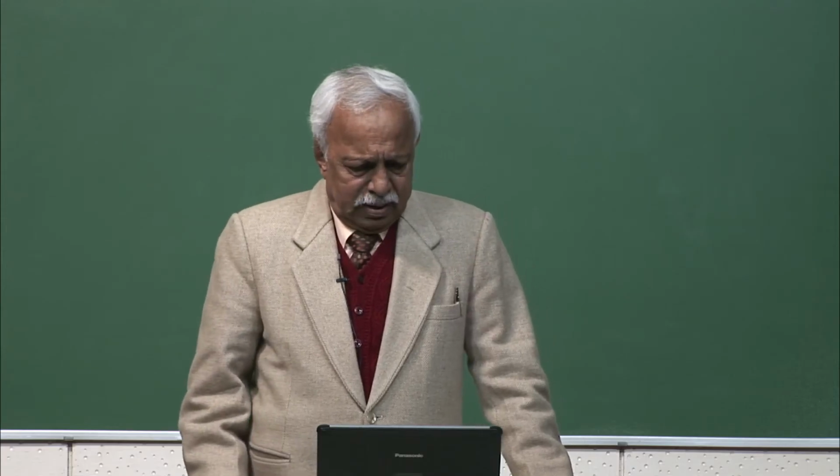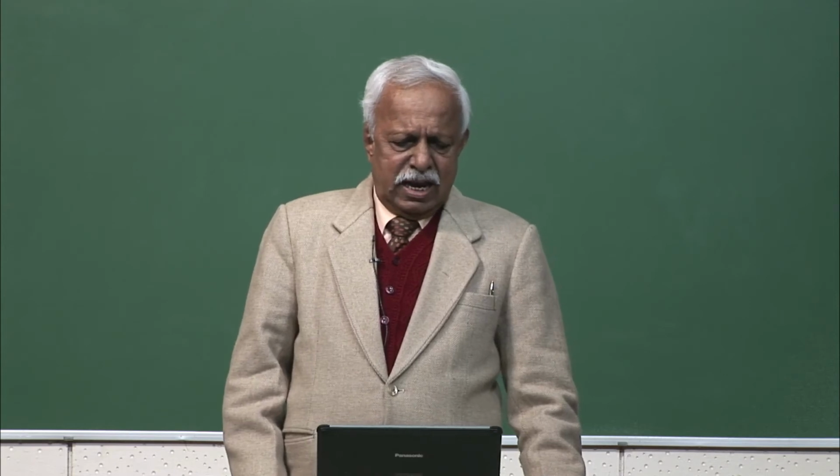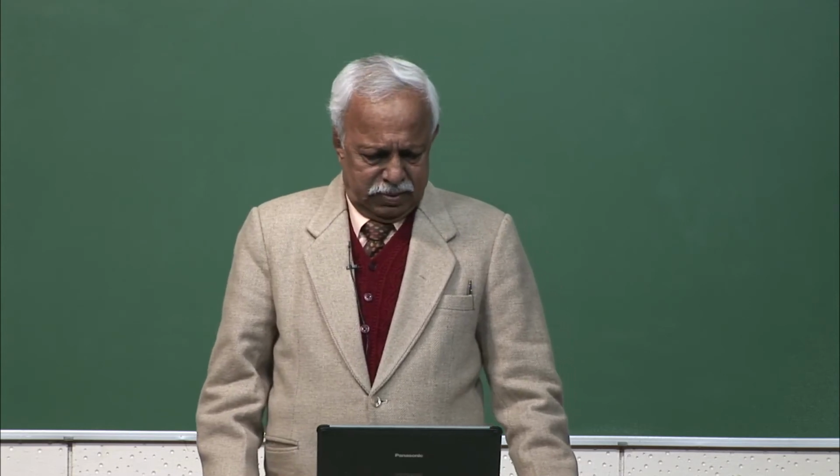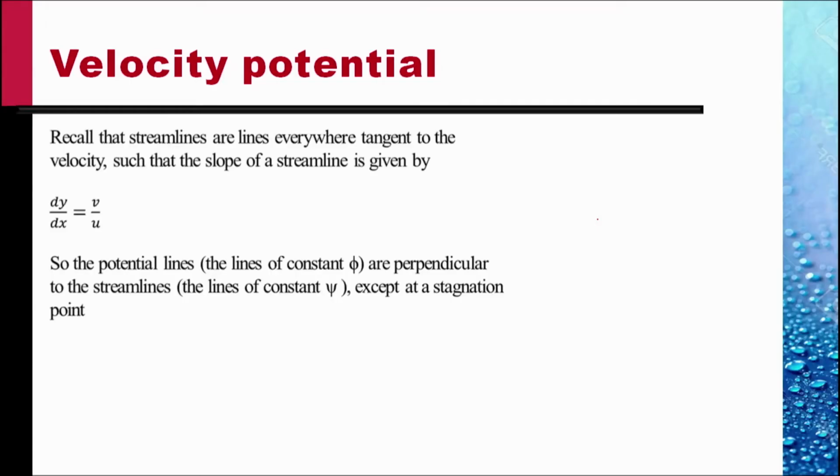Recall that the streamlines, which are the lines everywhere tangent to the velocity, the slope of those streamlines is given by dy by dx is equal to v by u.